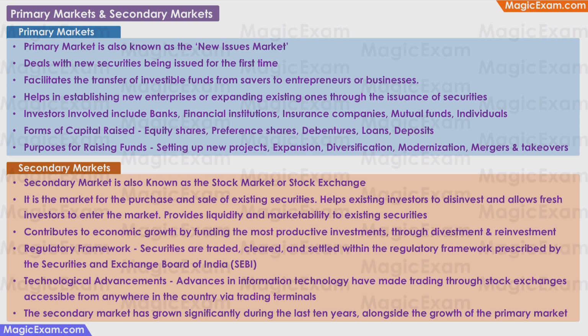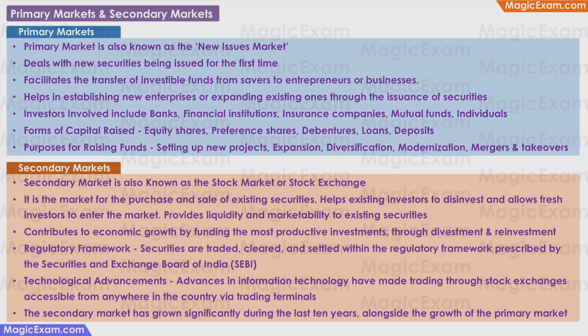And the purpose of raising funds in the primary markets might be for setting up new projects, expansion, diversification, modernization, mergers, and takeovers. After securities are issued in the primary markets, they can be bought and sold in the secondary markets. This is why the secondary market is also known as the stock market or the stock exchange.